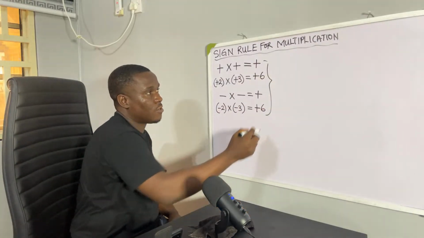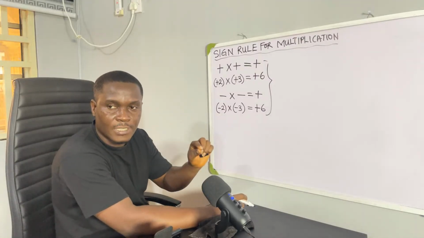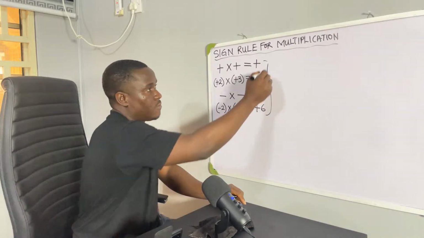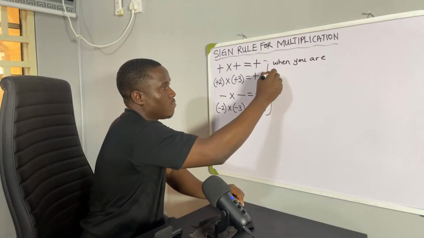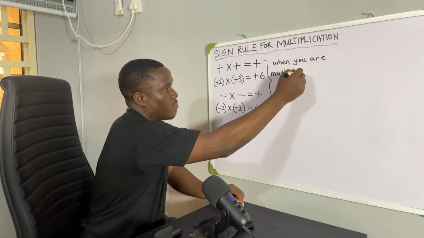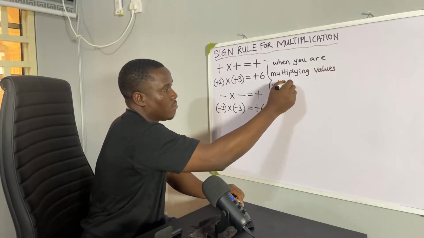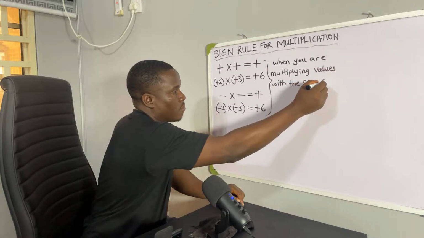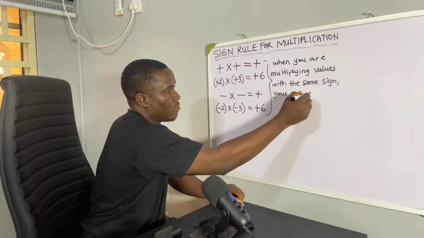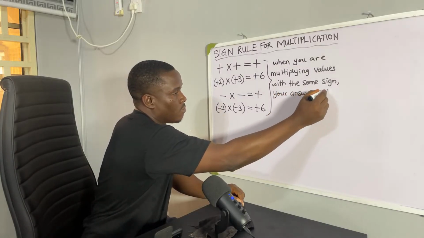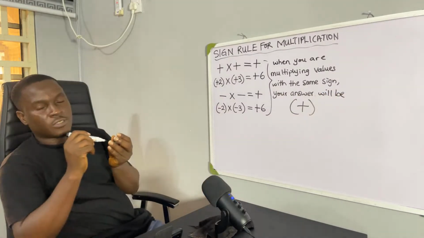This tells you that when you're multiplying two values that have the same signs, your answer will have a positive sign. Your answer will be positive.